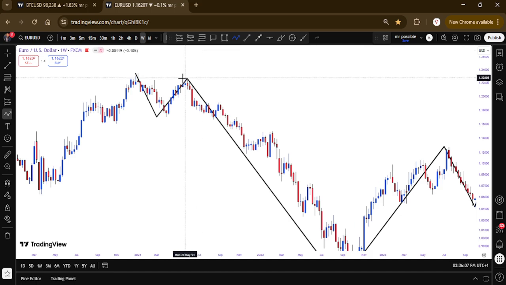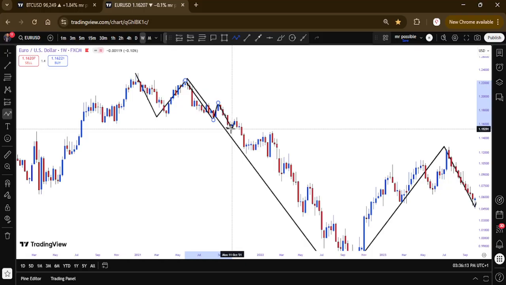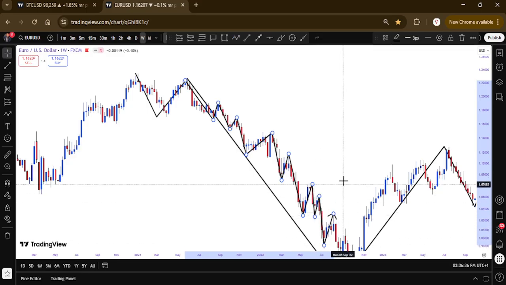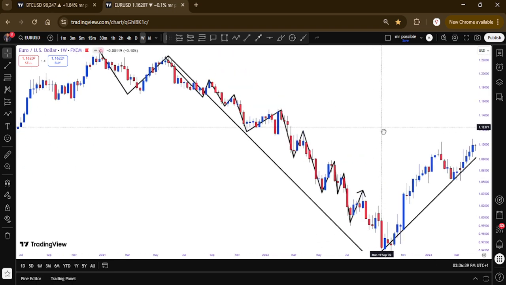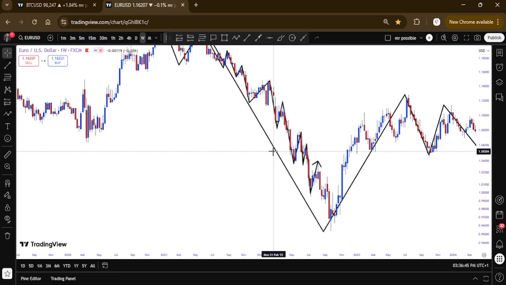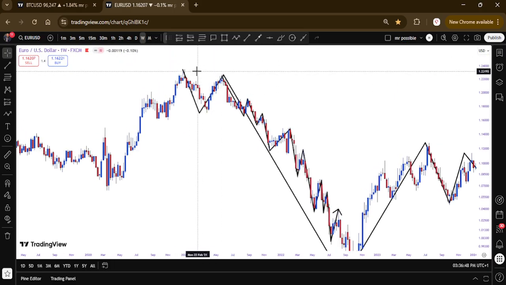For instance, this is a resistance, that's a support, resistance, support, resistance, support, and so on. This is just to show you support and resistance on a weekly time frame. Are you seeing how it works? On a monthly time frame, we just have identifiable areas of support and resistance.